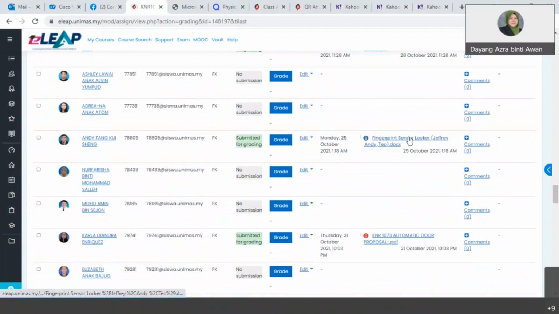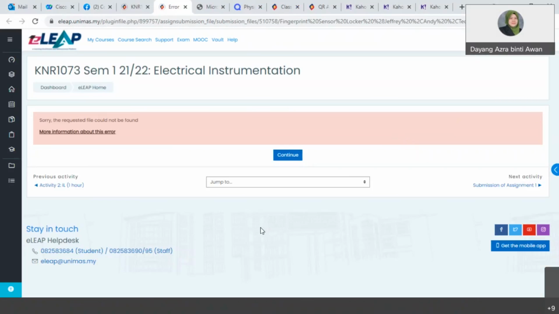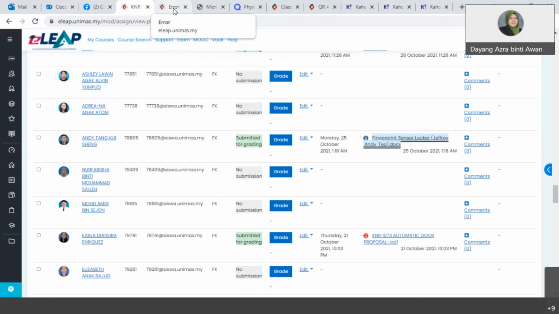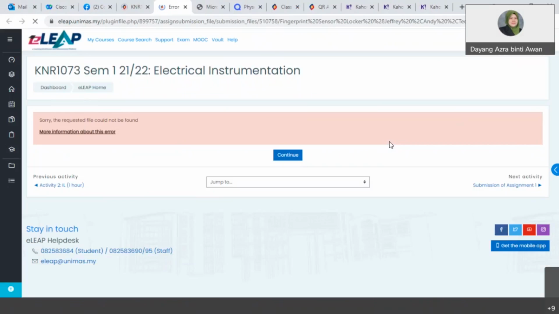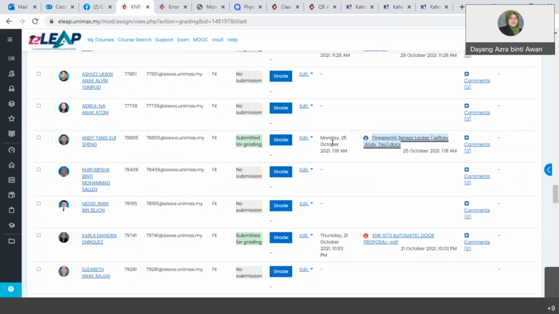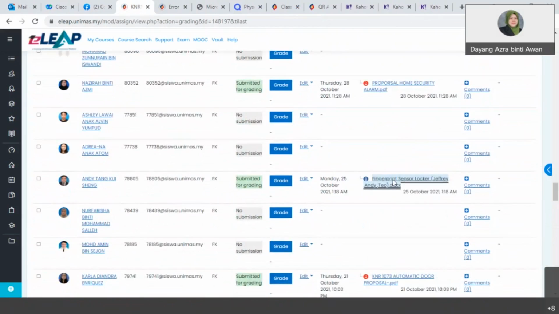Here. Fingerprint sensor. One. Indi, you can try to submit by email. I think it's because it's not available here. You probably had an error while uploading the code.